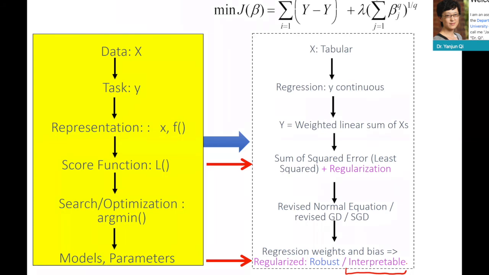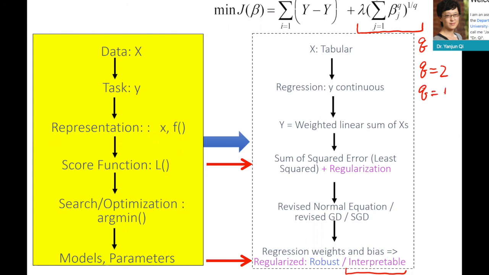So to summarize, we can generalize this L1, L2 norm to an even more generalized form. This is called the Q norm, and I hope you learned it in your linear algebra class. When Q equals 2, we get our ridge regression.